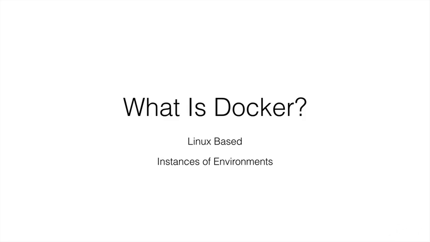So let's look at the structure of Docker. Basically, you have a Linux machine, and then inside of the Linux machine, you have Docker running. So Docker makes use of Linux to create its containers and actually do what it does so well. Inside of Docker, you have an image.